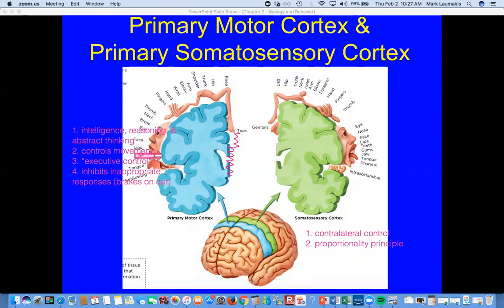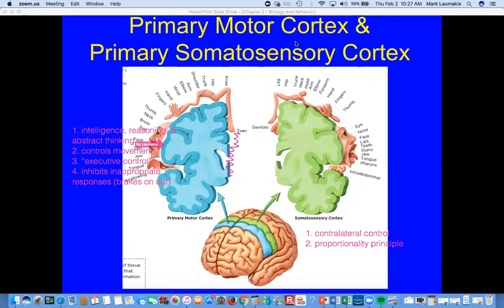Basically, the rule of thumb is if there's a body part that you can move in really complex ways, like your hands and your fingers and your thumb, give that part of the body more space in your head, more brain volume dedicated to it. And if there are other parts that you can't really move in very complicated ways, like your trunk or your hip, then only give them a small slice here. Does that make sense? Bigger slices in the brain for parts of the body where you can do more complex movements. Does that make sense?